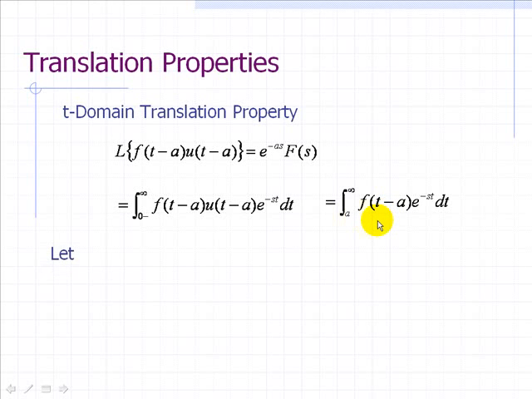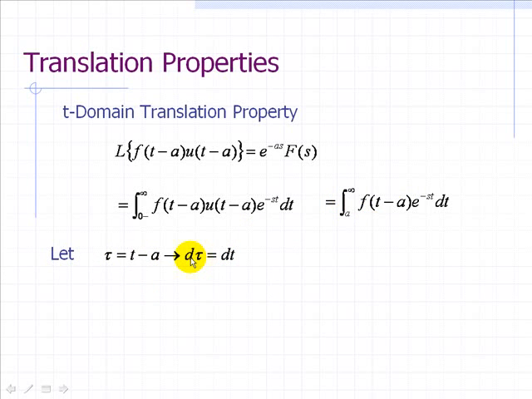Then we do a change of variable where we substitute t minus a for tau. We take the differential on both sides, and since a is a constant, d tau is equal to dt.